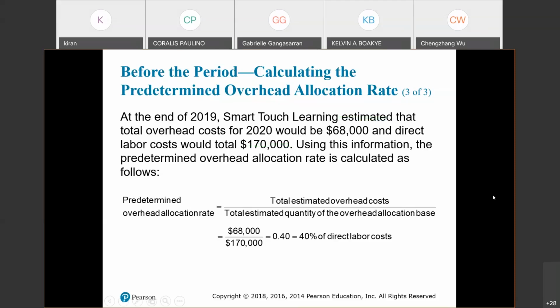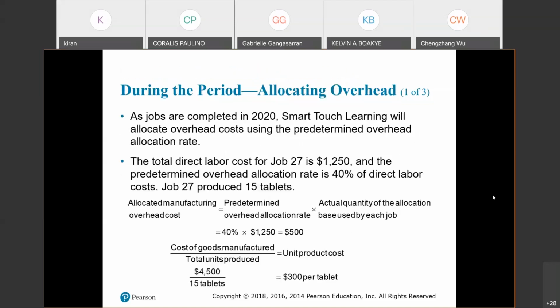So, in other words, in this case, for job 27, we would like to assign 40% of the overall manufacturing overhead. So during the period, we need to allocate 40% of the direct labor.